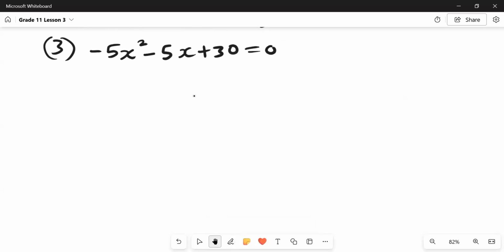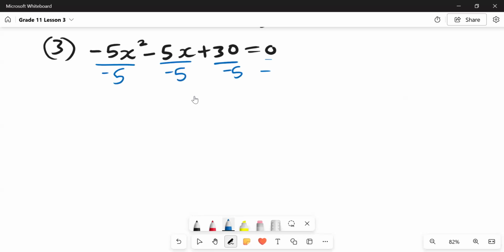One would say, let's just take out the common factor, and the other would say, let's divide everything by negative 5. It's up to you how you want to go about solving this equation, right? But I prefer to divide everything so that I can just take care of the signs quickly without even stressing.